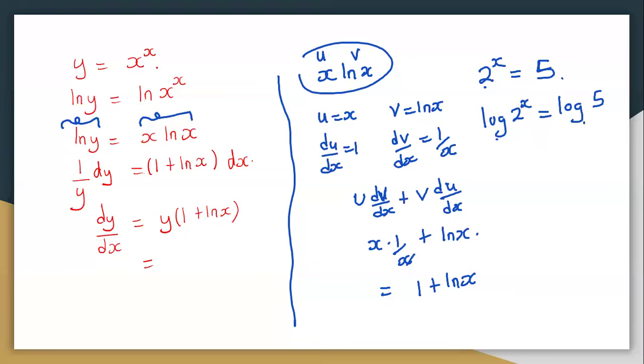My y is x. So here I'll have x into 1 plus natural log of x. Or another person can write it as 1 plus ln of x, power x. So that is the same thing. You write it in the way you want.